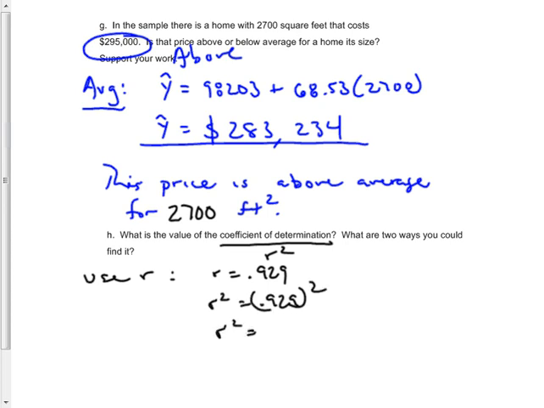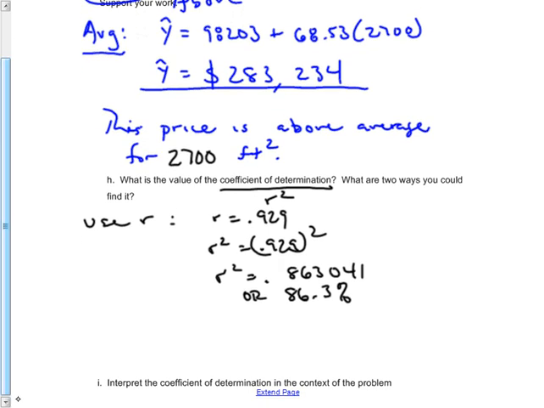And again, we can punch this up on the calculator. I'm getting something like 0.863041. Or if people like to write it as a percent, which some people do, Minitab does, then it's 86.3%. Alright, so that's one way to do it. The other way to do it is Minitab.